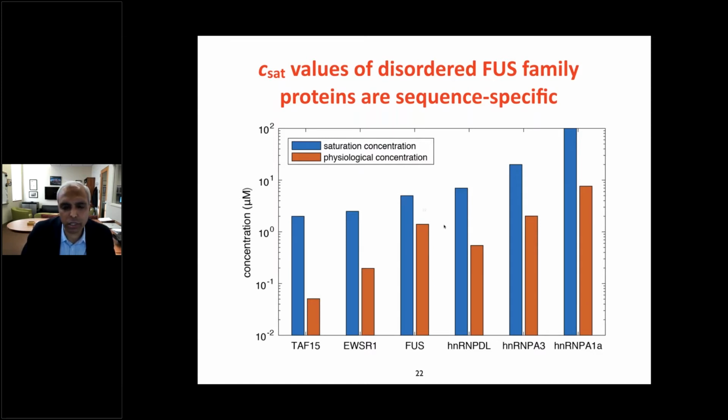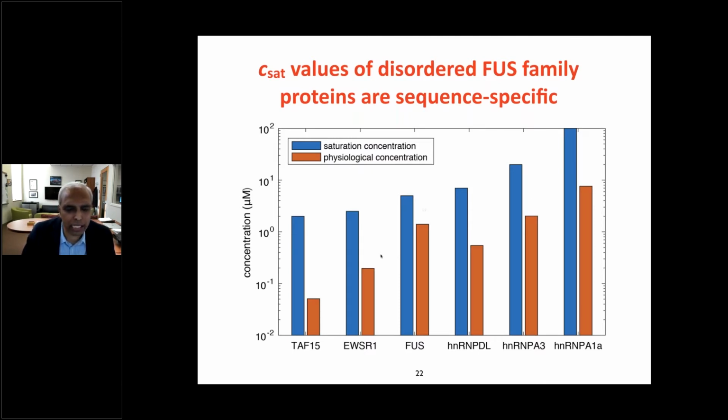So a very interesting question that arises is, what are the sequence features, which from some 30,000 feet look fairly similar to one another, what are the distinguishing features in terms of the sequences of these different proteins that give rise to essentially a 2 order of magnitude variation in the measured saturation concentrations?